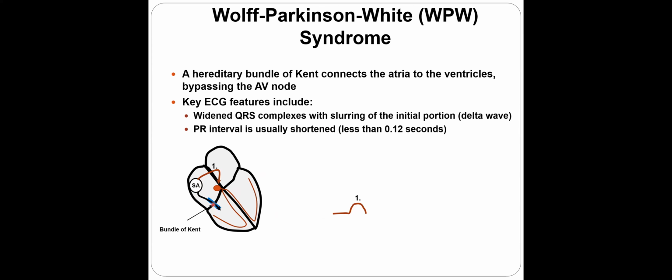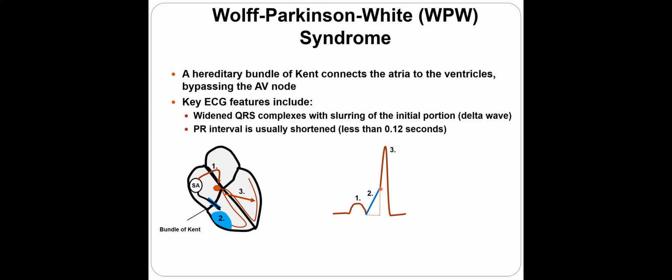When this atrial activation reaches the AV junction and the bundle of Kent, of course the AV junction has slow conduction, so nothing is happening yet. But the bundle of Kent is muscle type, immediately taking over to the ventricle, and we start a delta wave, and the leftover part of the QRS complex is activated through the AV junction impulse.